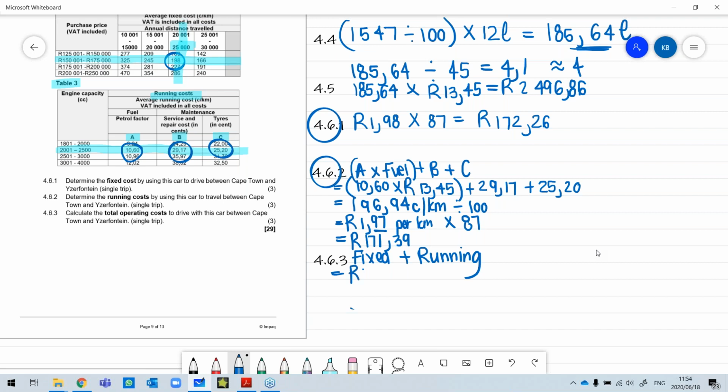So we are firstly going to say 172.26 Rand plus 171 Rand and 39 cents. And that is going to add up to 343 Rand and 65 cents.